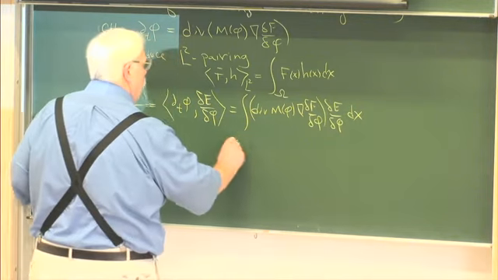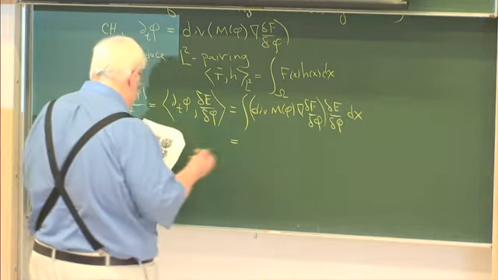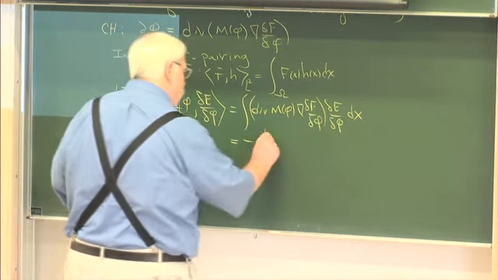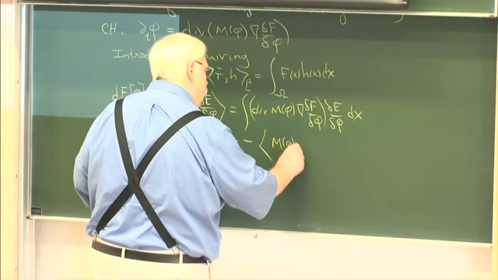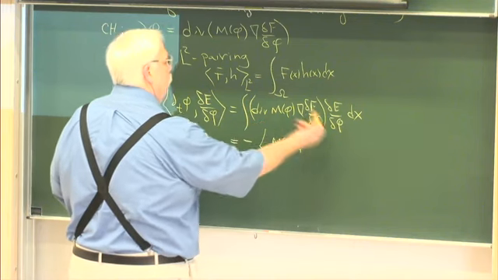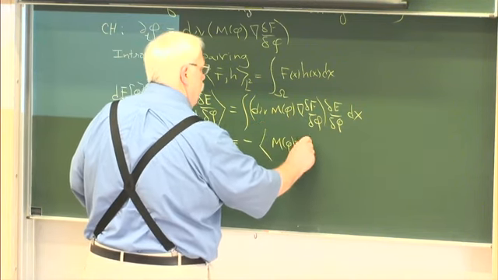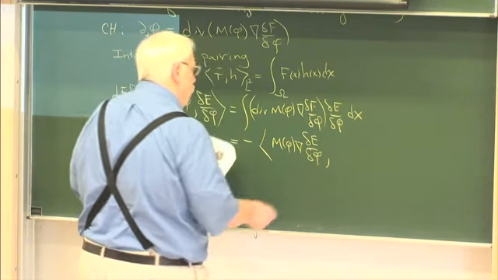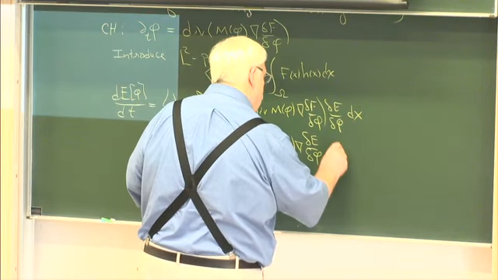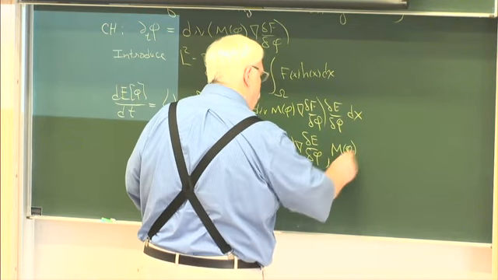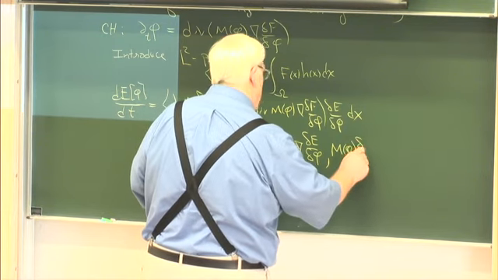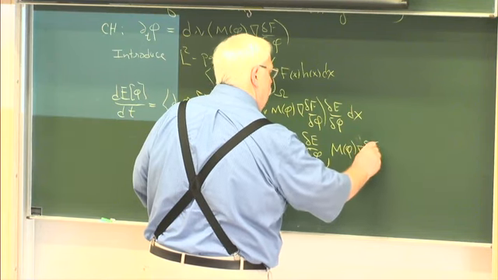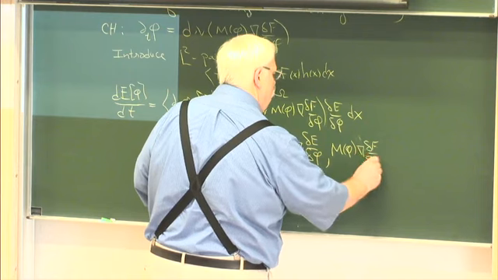Which we then write as minus the pairing of m of phi, integrating by parts. We put the gradient on the delta E delta phi, and we pair it with m of phi times the gradient of delta F delta phi.